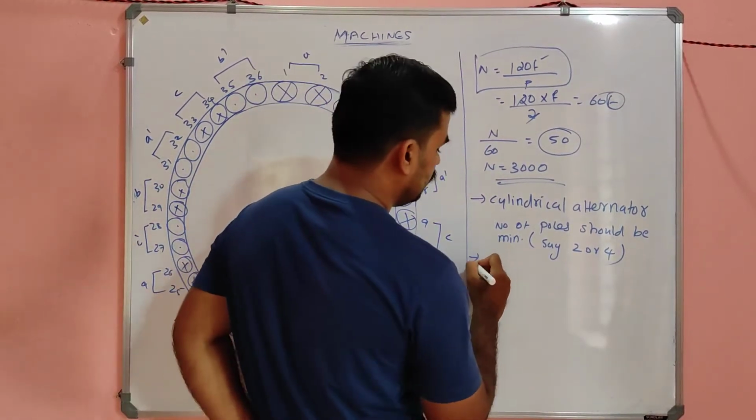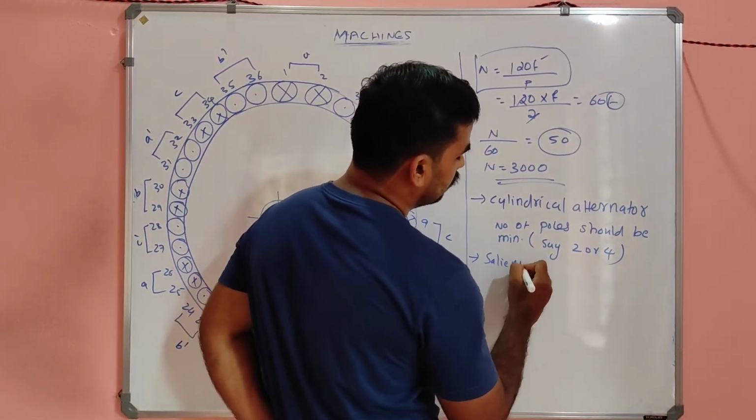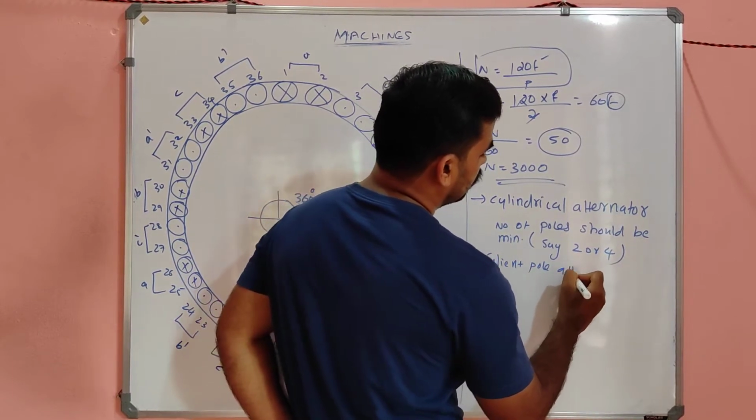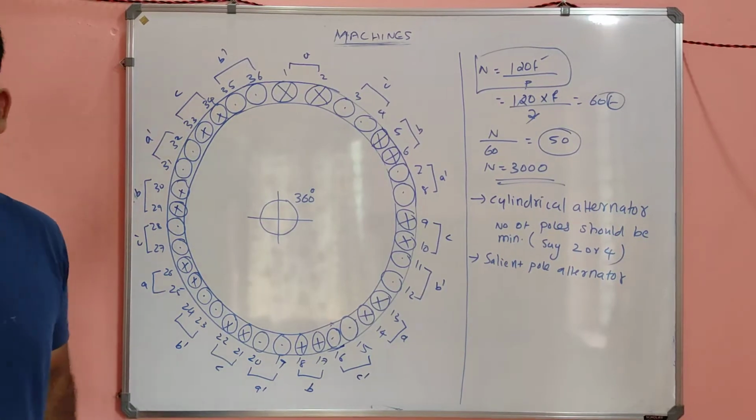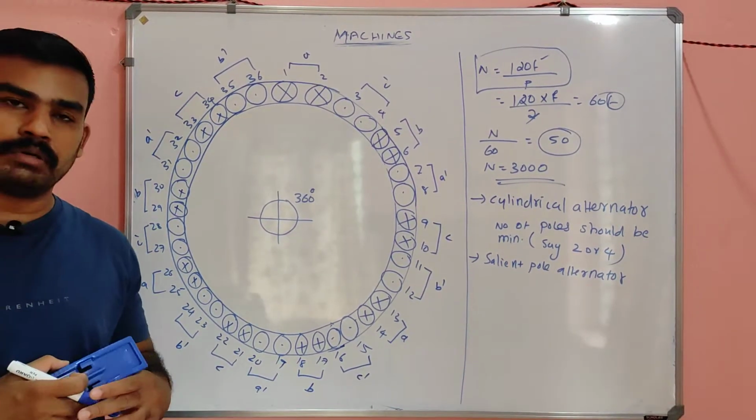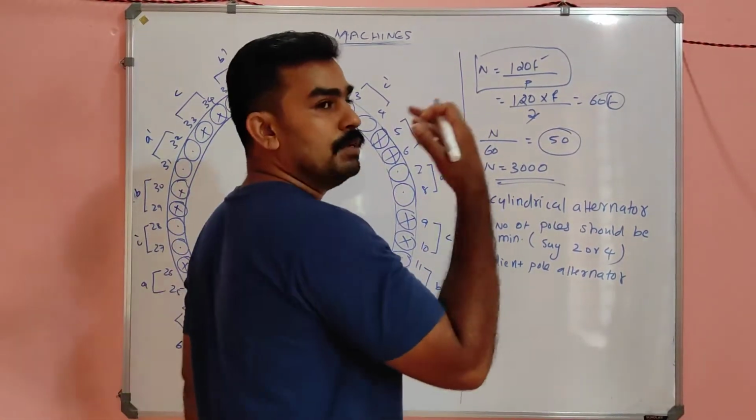But in a salient pole alternator, since it is a very low speed machine, the number of poles will be very high.